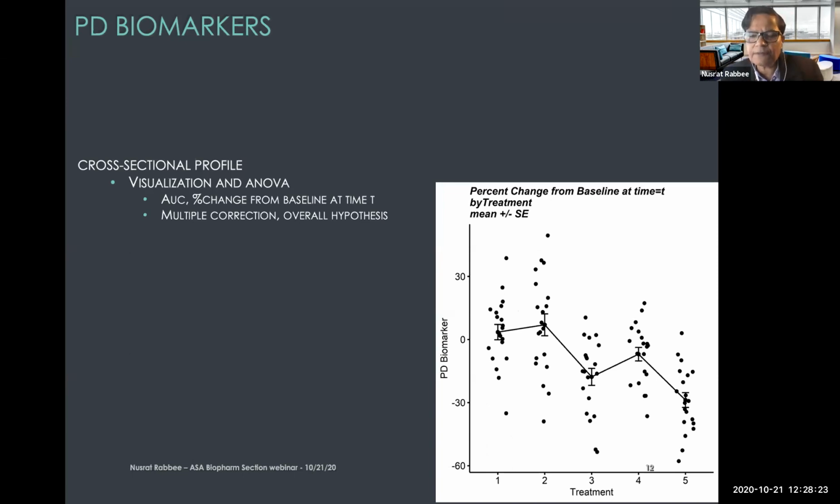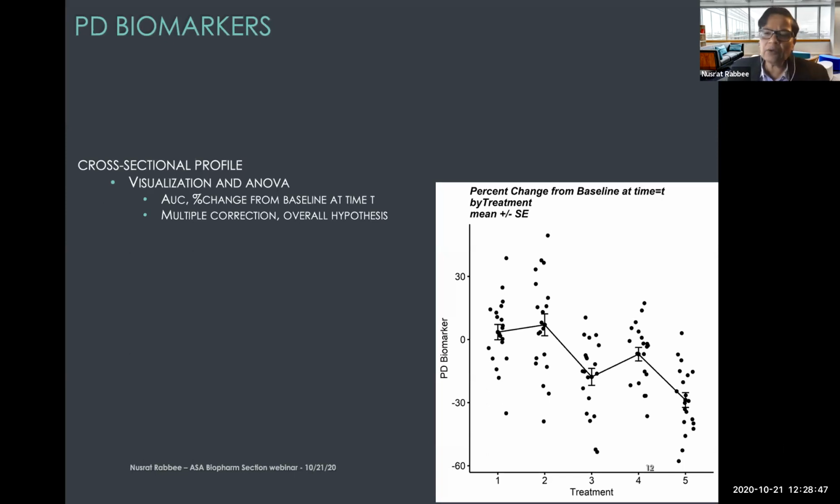So we have to spend time in making proper models, as well as the visualization, because our role in supporting drug development is going to be more than just calculating a p-value.